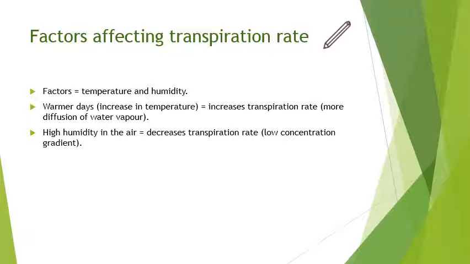And that will slow down the transpiration rate, because any time that the concentration difference is not particularly high, we won't have a high rate of diffusion, and that means we don't have a high rate of transpiration either. So if you have plants in a very humid room, even if it's warm, you will notice that they wilt less fast than plants that you keep somewhere where it is very dry.